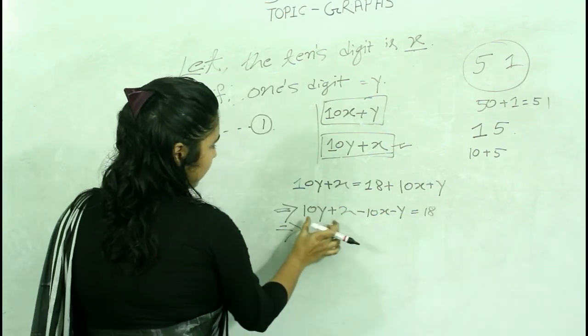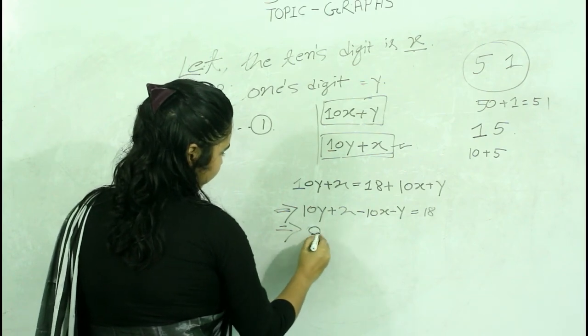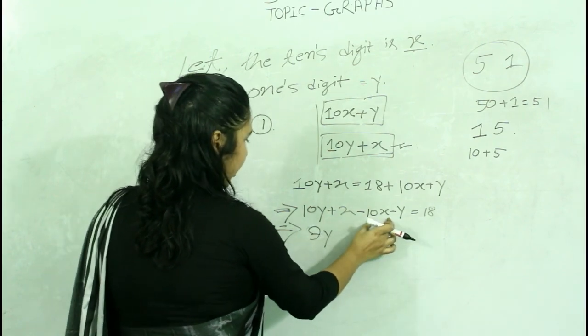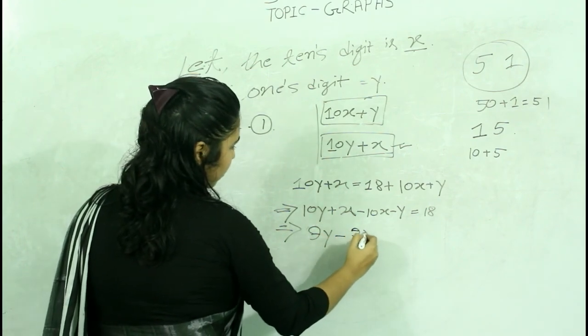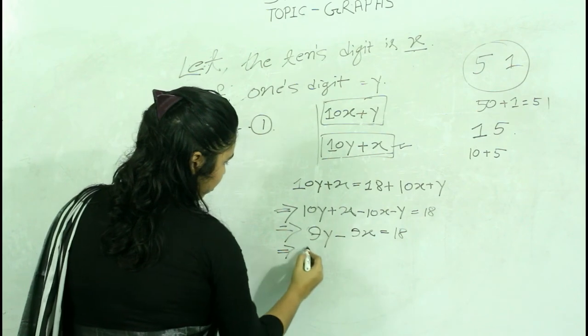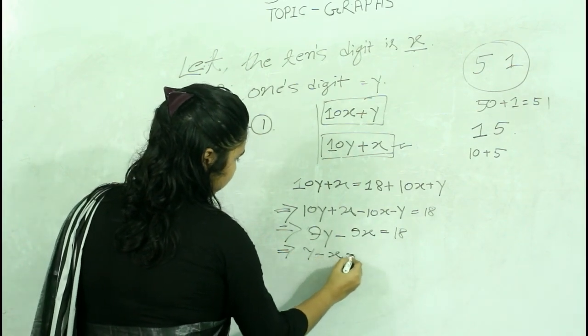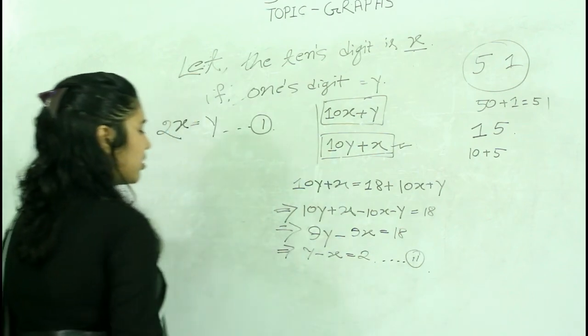This implies 10y minus y, that means 9y, and x minus 10x, that means minus 9x, is equal to 18. So this implies y minus x is equal to 2. So this is our second equation.